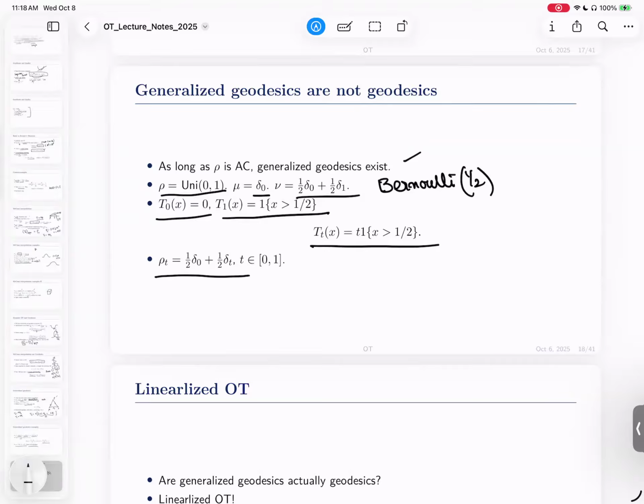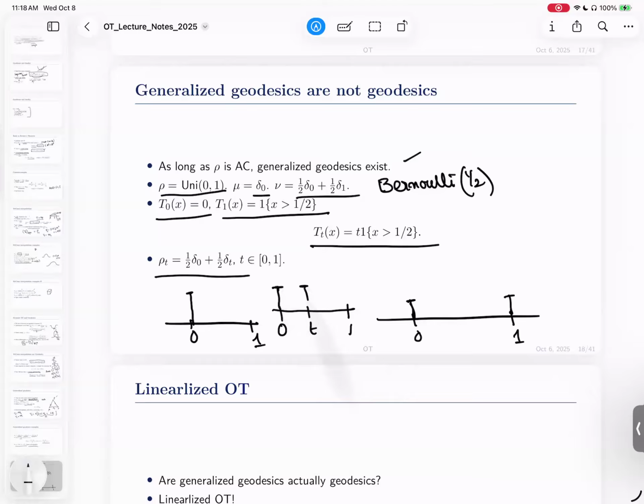So look at this beautiful curve that I'm getting. So I am here and I want to go here. So I'm here, which is my full mass 1 at the origin, and there's nothing anywhere else. I want to go here, which is half a mass at the origin, half a mass at 1. And what are my intermediate steps? Half a mass at the origin and half a mass at t.